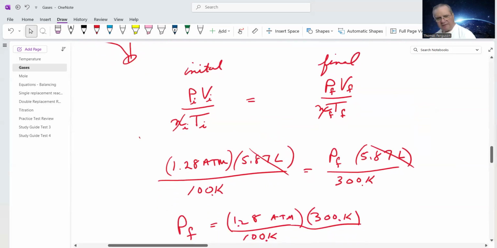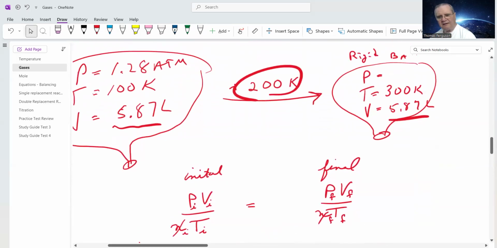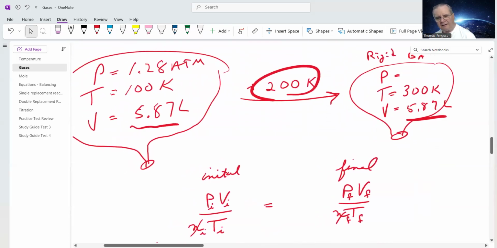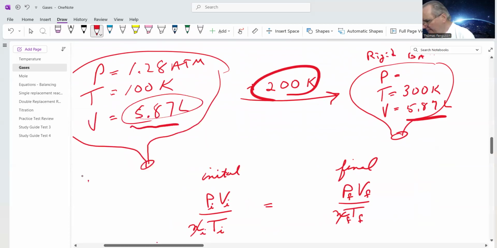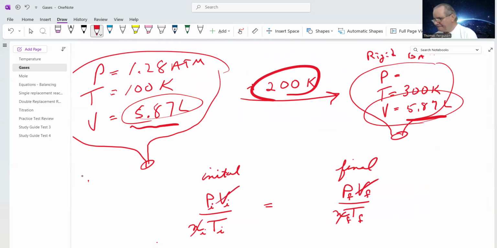So, for example, in this problem here, the volumes are the same. So we can then cancel the volumes. Also, if the number of moles doesn't change, we can cancel moles. Now notice moles are not mentioned. If moles aren't mentioned, that means it doesn't change.